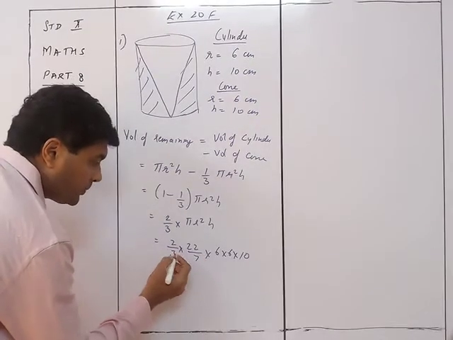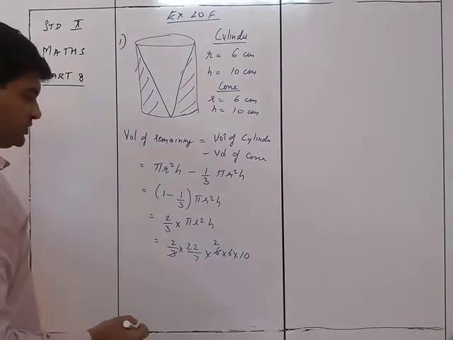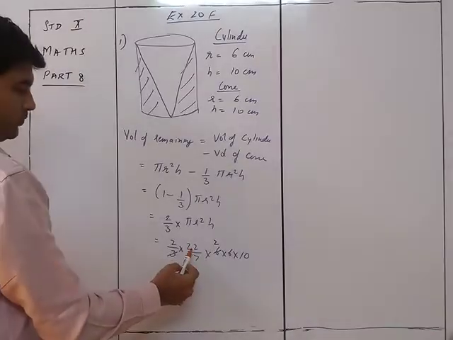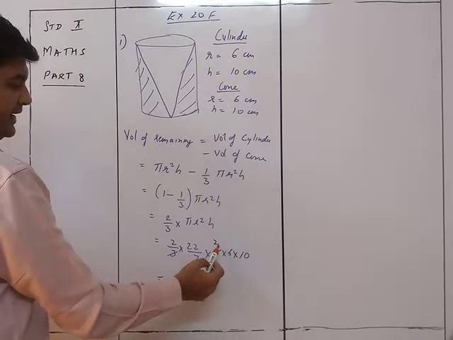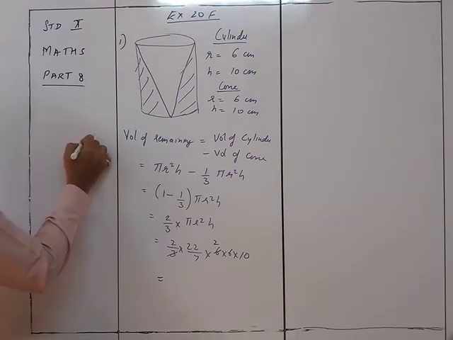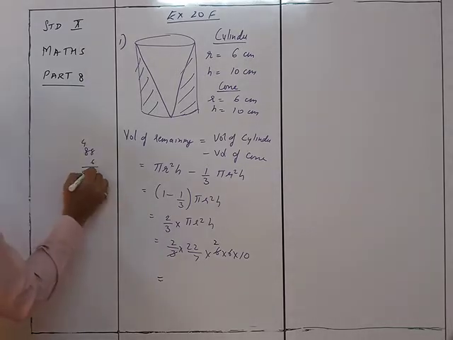So you need to just do the cancellations whatever possible. Not much of a cancellation is available over here, so this is just normal. So 22 into 2, 44, 88, 88 into 60. So 88 into 6, 6 is a 48, 6 is a 48, 52.